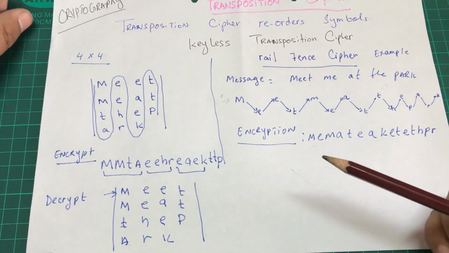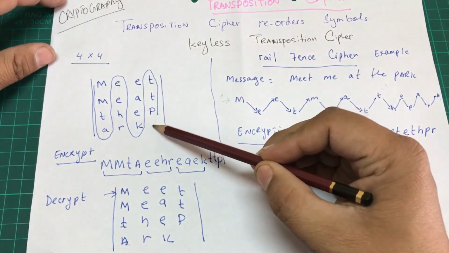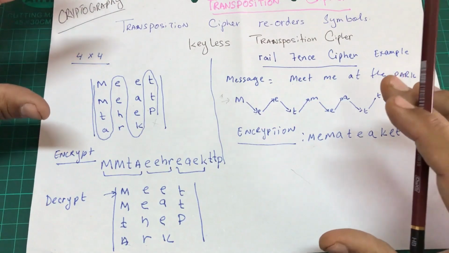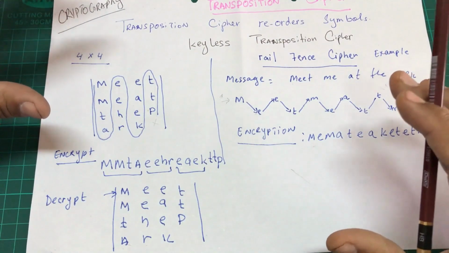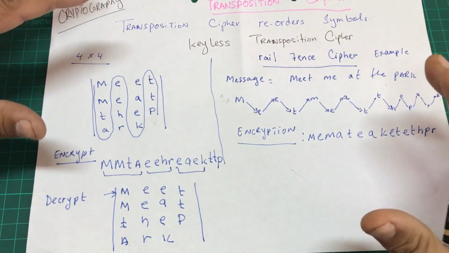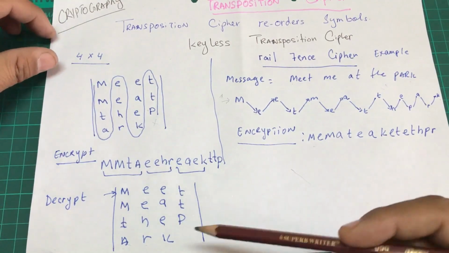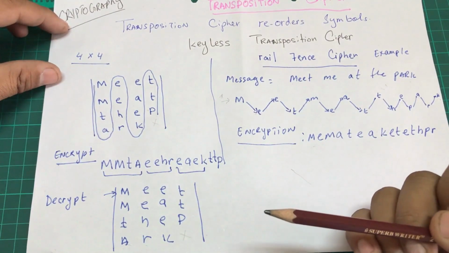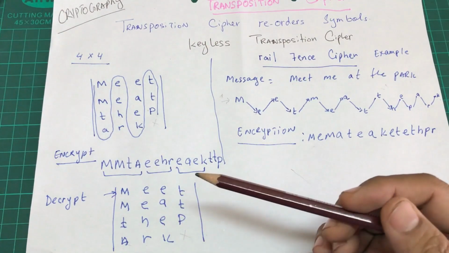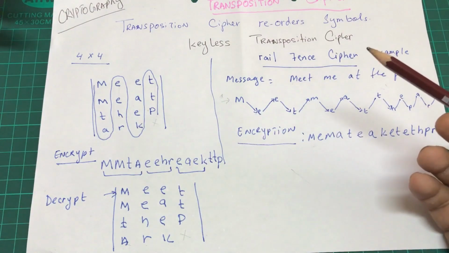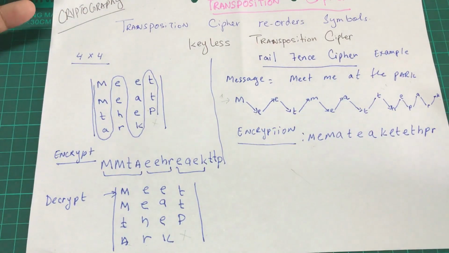One thing you need to understand regarding natural languages: even though we're introducing a bogus character, anything that looks out of the ordinary, a human can easily detect. For example, even though we introduce a bogus character like X, when a person deciphers or decrypts this, they will know that with X and Z there must have been some bogus character, because in English the frequency of X and Z is very, very small.